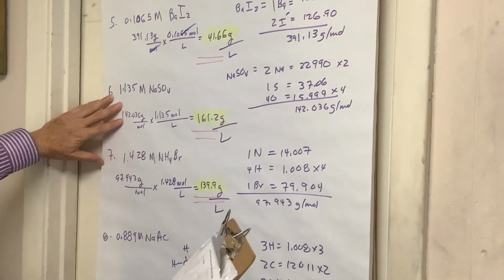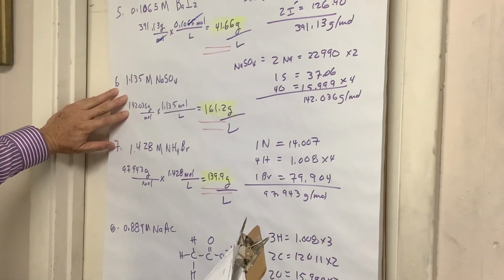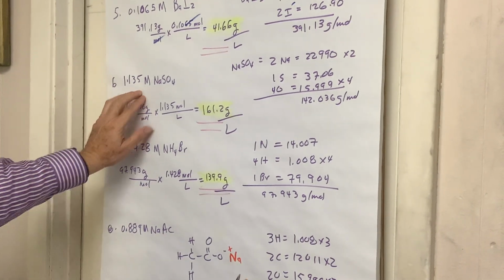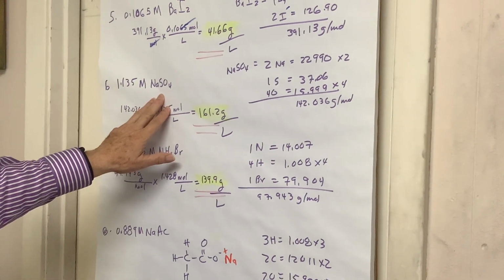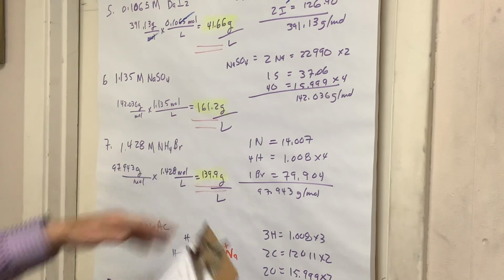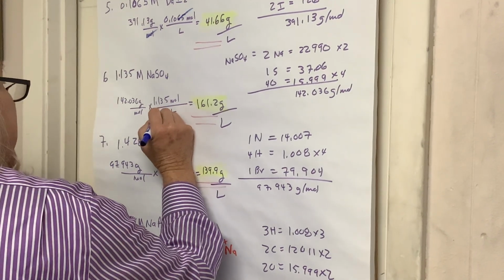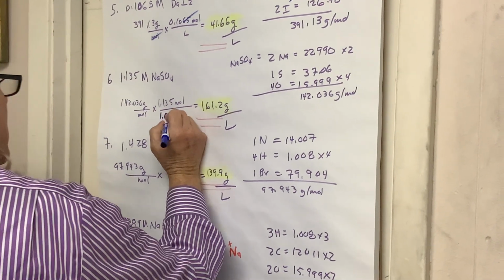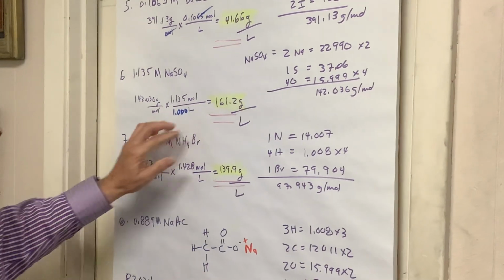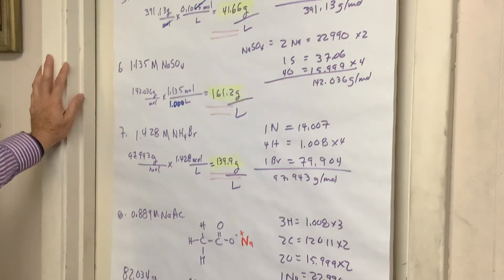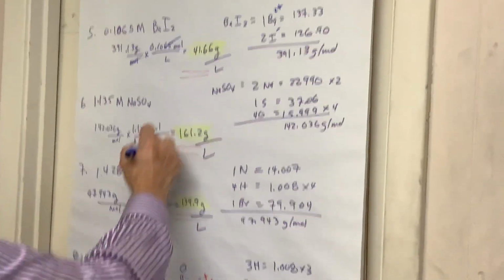Here, number 6, sodium sulfate. 1.135, 4 significant figures, molar sodium sulfate in 1.0000 liter. I didn't put that down, but 1, 2, 3, yes, liters, 4 significant figures there. Again, my moles cancel.